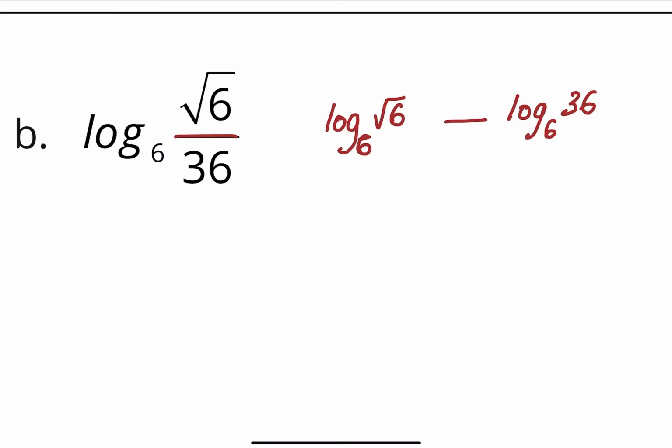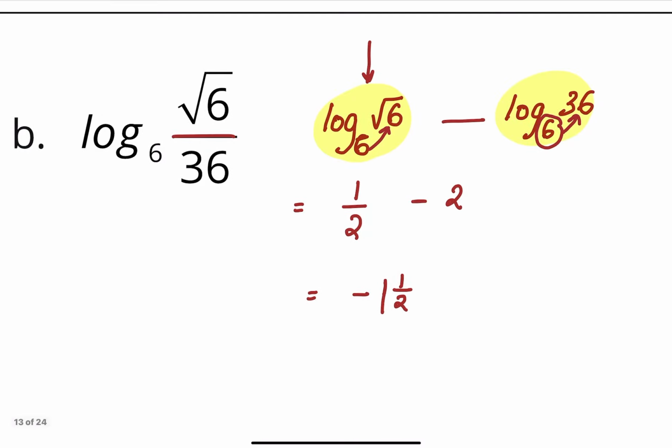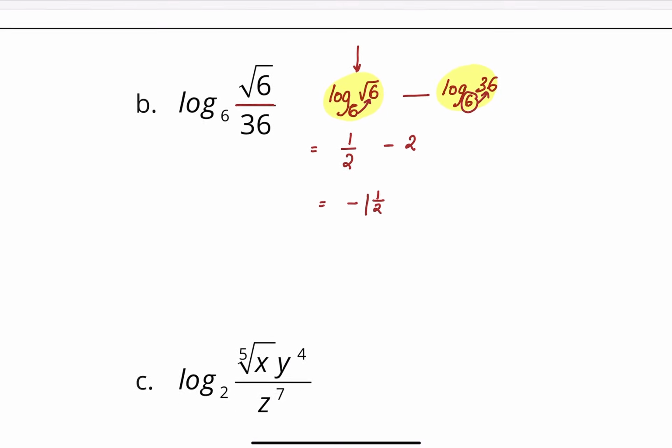No, you can go ahead and simplify this further. Now in my mind, I'm asking, to what power should I raise 6 to give me radical 6? To the power half. You can plug this in decimals and see you will get a half. Minus, to what power should I raise my 6 to give me 36? 2. So my answer is negative 1.5 because half minus 2 is negative 1.5. And that is your final answer.